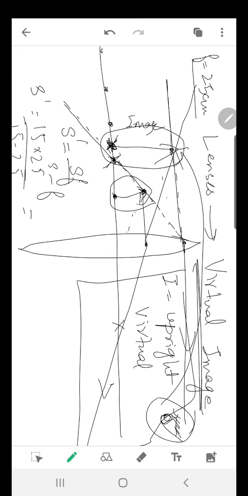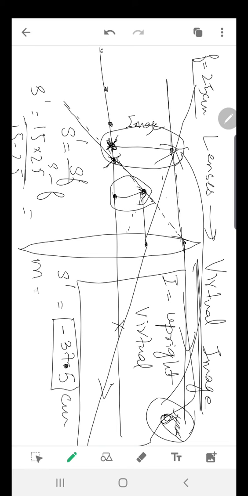So if I calculate this, my S dash is coming out to be minus 37.5 centimeters. Okay? Can you see that now your image is forming at minus 37.5? Whenever your image is forming at a minus location, you should know that it is behind the principal focus, and it has to be a virtual image.